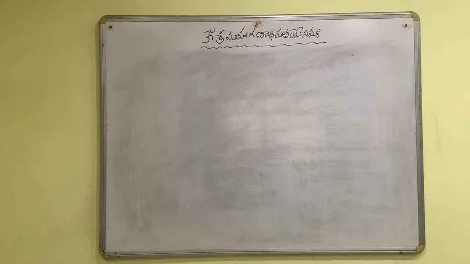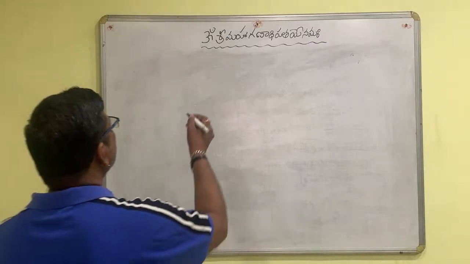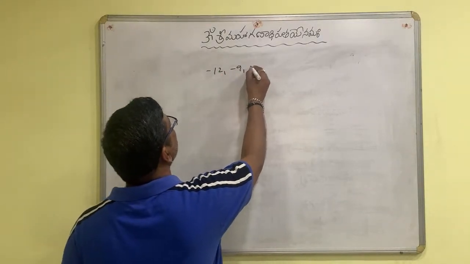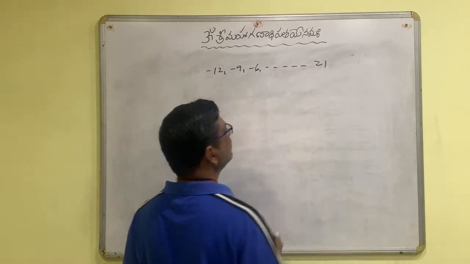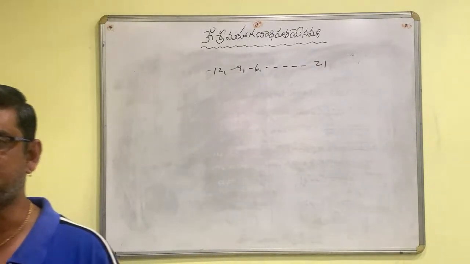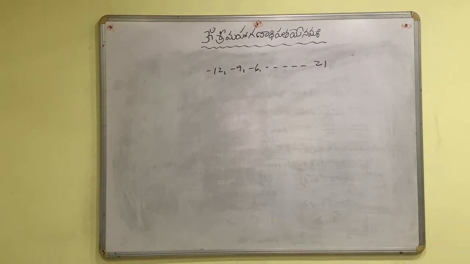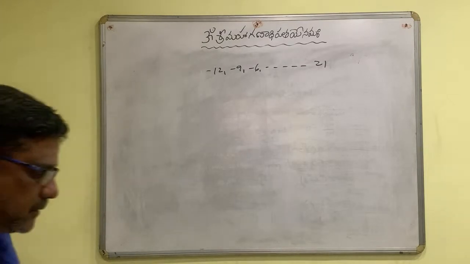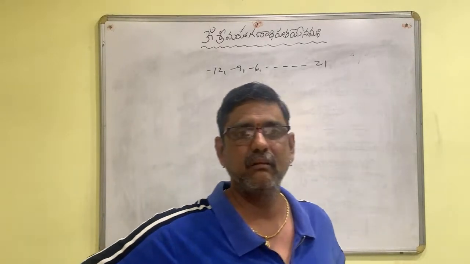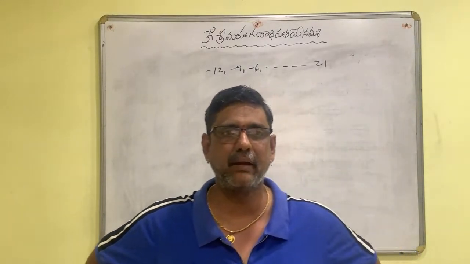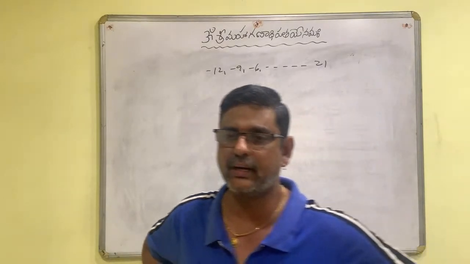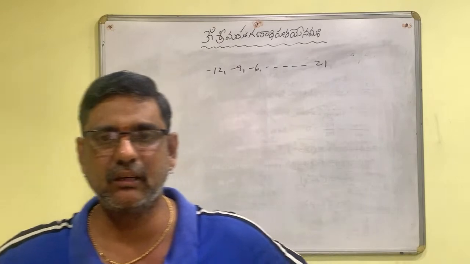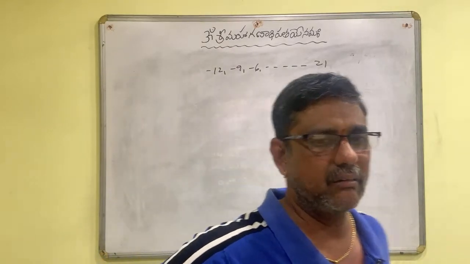Find the number of terms of the AP minus 12, minus 9, minus 6, and so on, 21. Number of terms is what we have to find out, children.